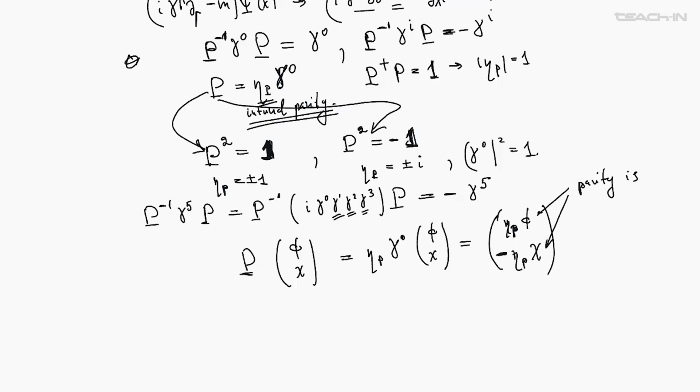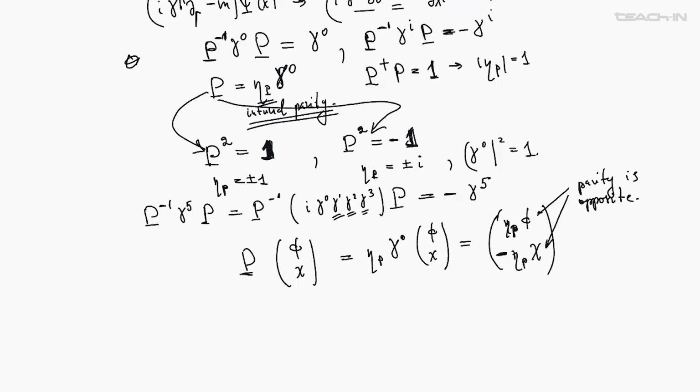Of course, there is a question what you have to pick up for an internal parity, either ±1 or ±i. Simply, you can see that the notion of parity must be defined in the same way for all spinors. You can pick parity to be equal plus minus 1, or you can pick it plus minus i, it does not matter.